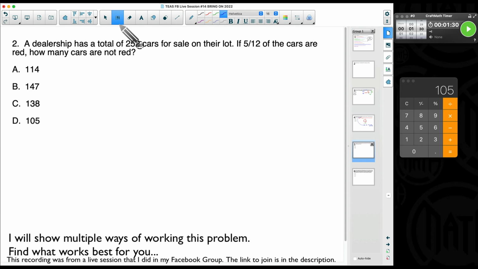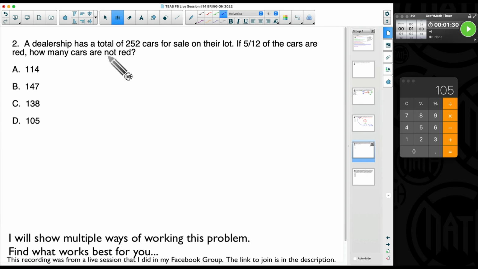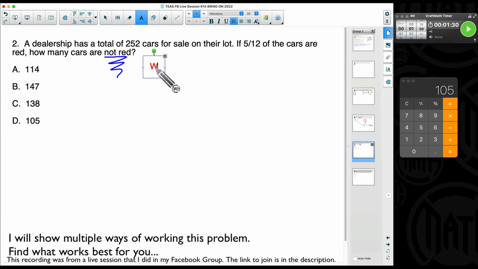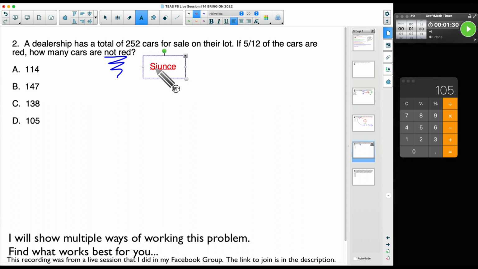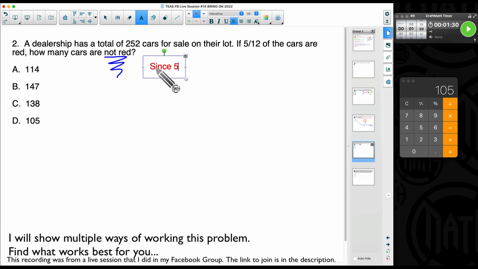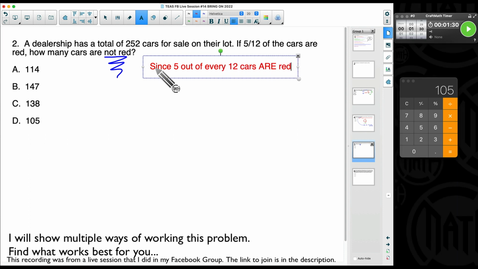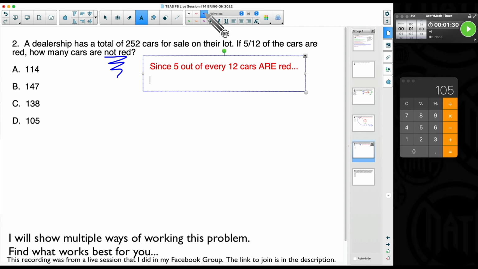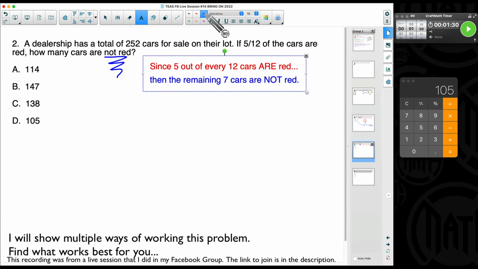Again, 5 out of every 12 cars are red, but we want the ones that are not red. Well, let's think about this. Since 5 out of every 12 cars are red, then the remaining 7 cars are not red.